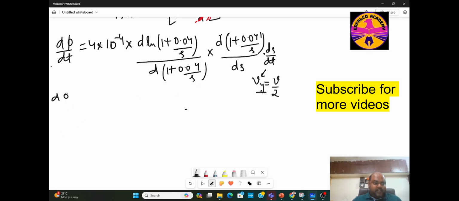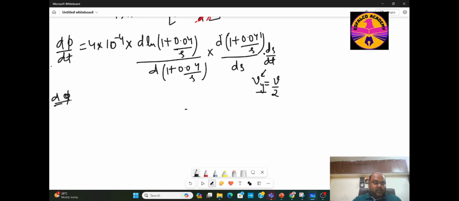So d phi by dt, now it will become 4 into 10 to the power minus 4 into, this thing is going to become 1 by 1 plus, it is basically d of ln x by dx, which is 1 by x, right?